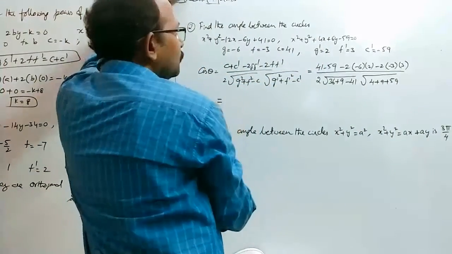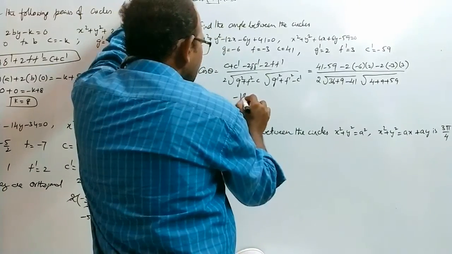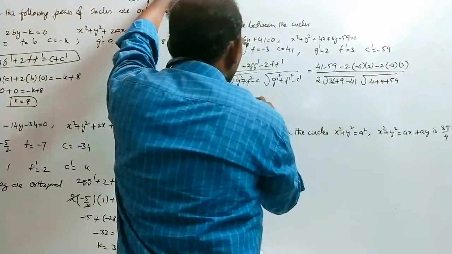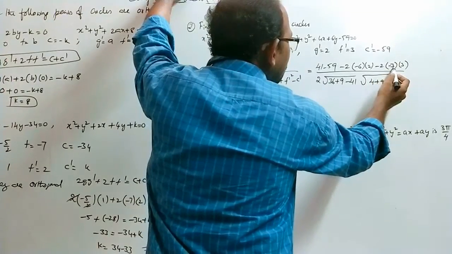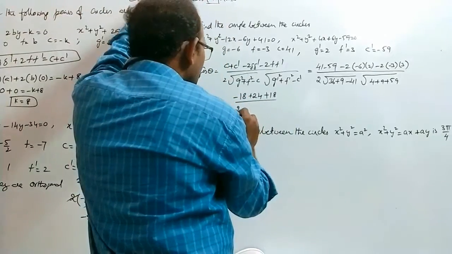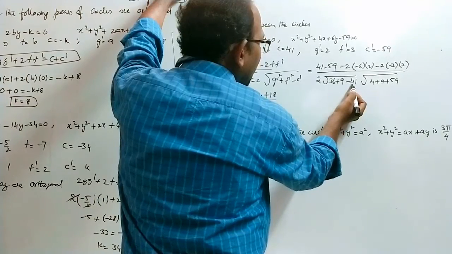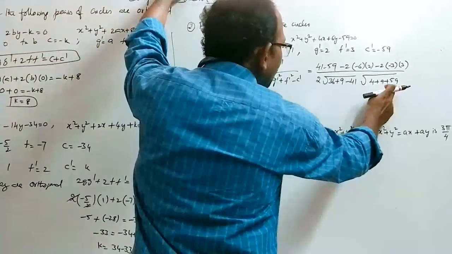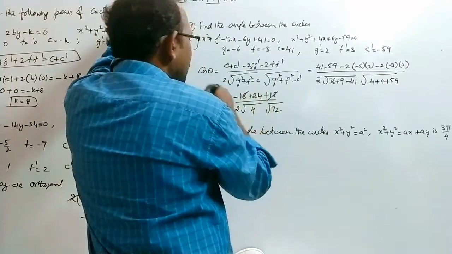Therefore that is equal to here 41 minus 59 minus 18, here plus 12 2s are 24 plus 24, here also plus 6 3s are 18 plus 18, by 2 into root of here 36 plus 9 45, 45 minus 41, 4, into root of here 59 plus 9 68, 68 plus 4 72, 72. Here plus 18 minus 18 cancelled.